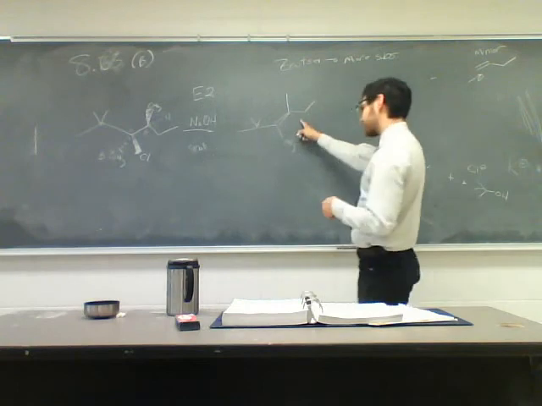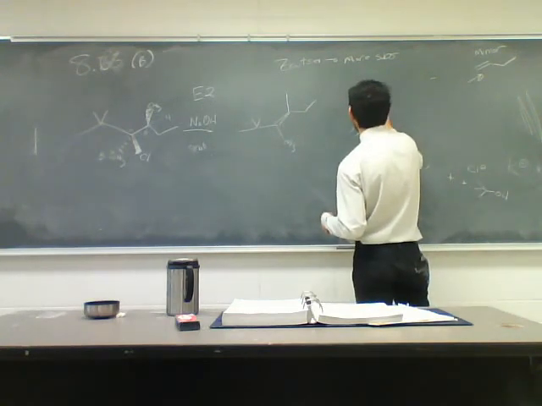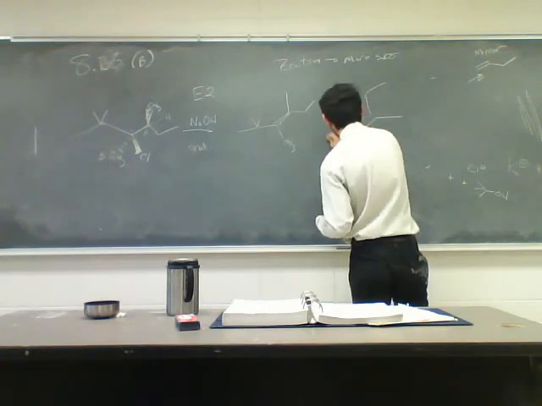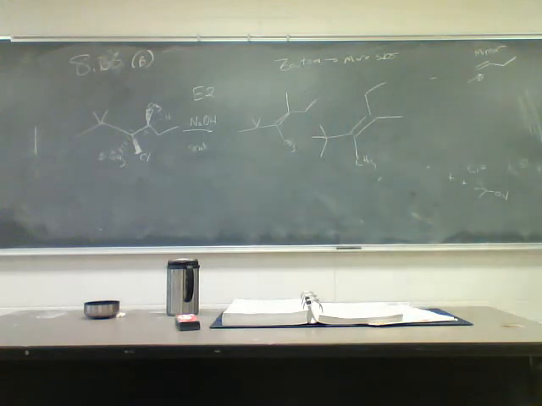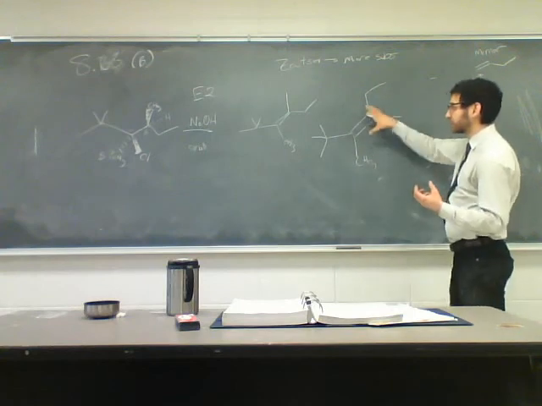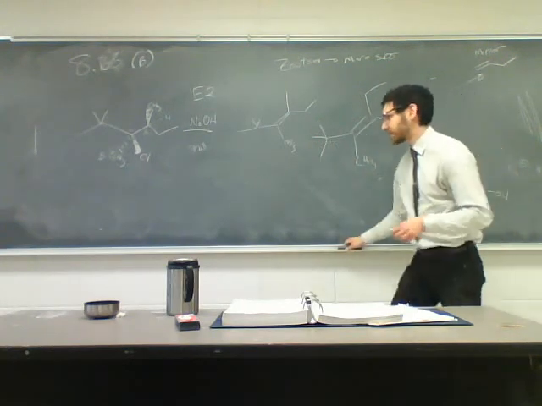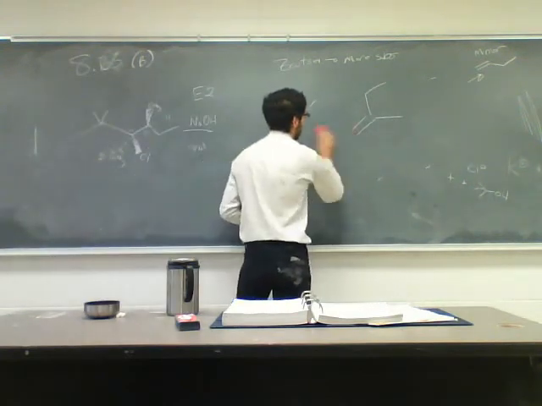So we could have this molecule, or we could generate this molecule. These are two different molecules, right? Here we have different isomers around this double bond. And so we need to double check this to make sure that we generate the correct isomer.